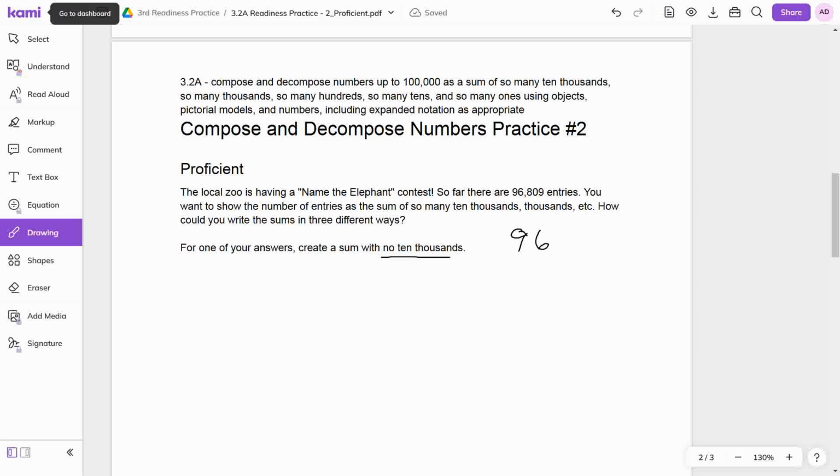We've got 96,809. I want to use a place value chart to keep things straight. And once again, I'm just going to put the values underneath. I find that helpful, especially if we ever need to get into expanded notation. All right, so how could I write that as a sum of so many 10,000s, thousands?